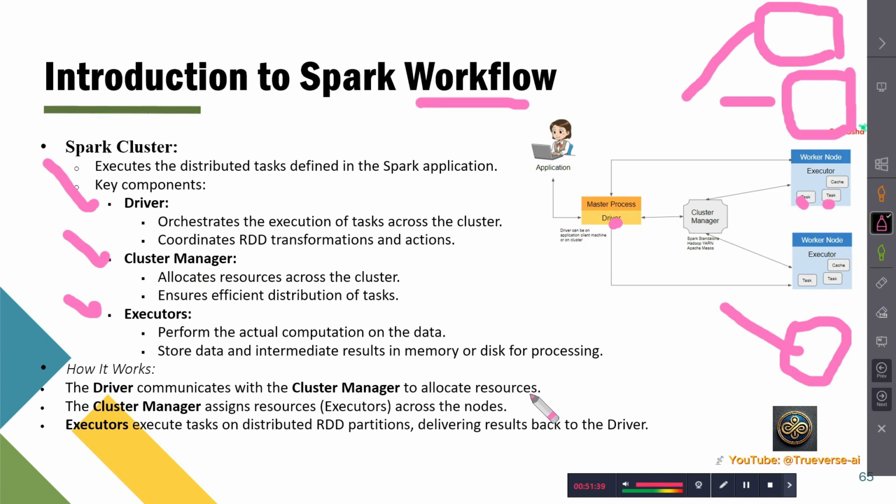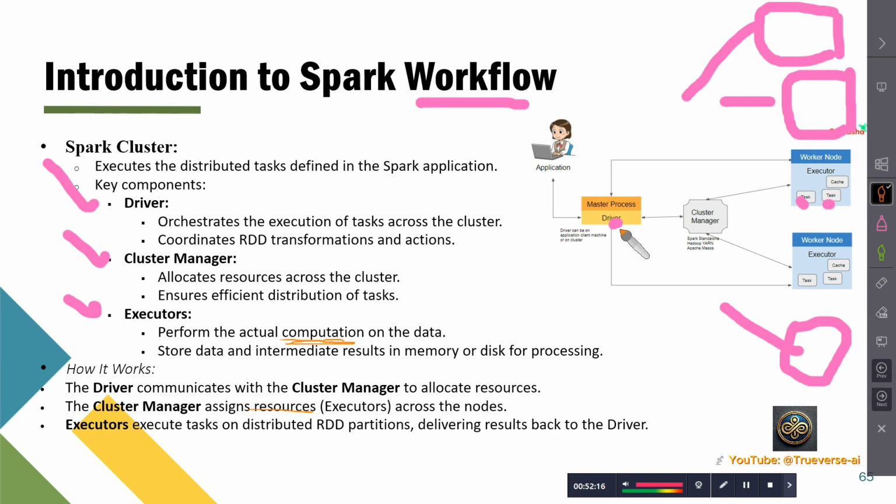These resources are executors, which perform the actual computation on data. So resources means you divide your computation capability on data.